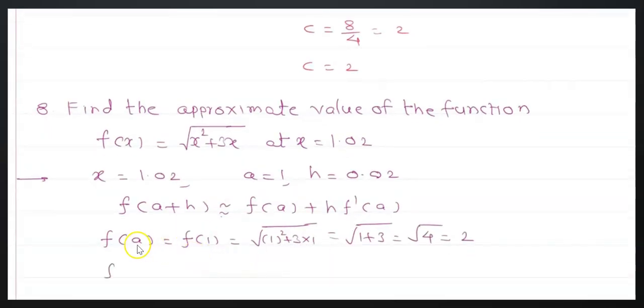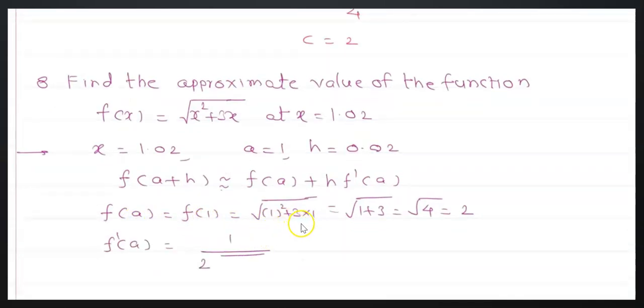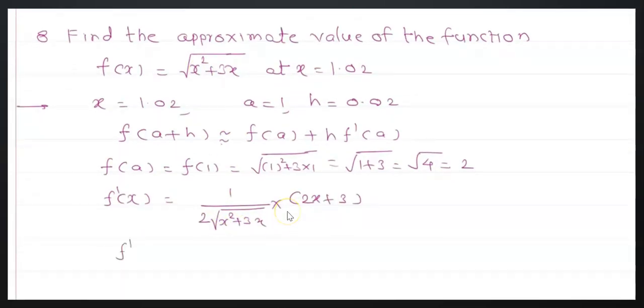And that's why we'll calculate the value of f of a. That is f of a means f of 1, square root of 1 square plus 3 into 1, that is 1 plus 3, root of 4, which is equal to 2. f dash of x is the derivative of root of x square plus 3x, that is 1 upon 2 times square root of x square plus 3x into the derivative of x square plus 3x, that is 2x plus 3.